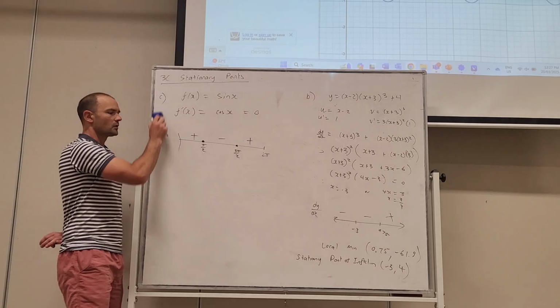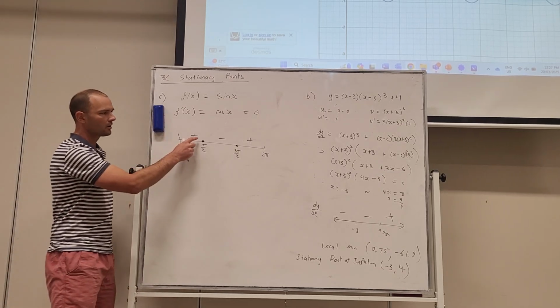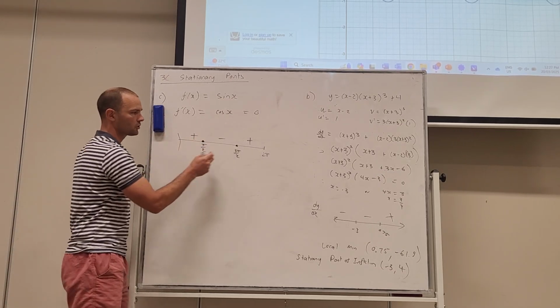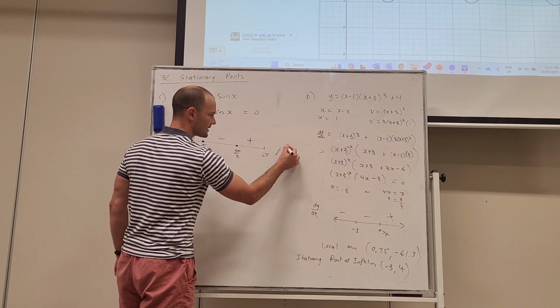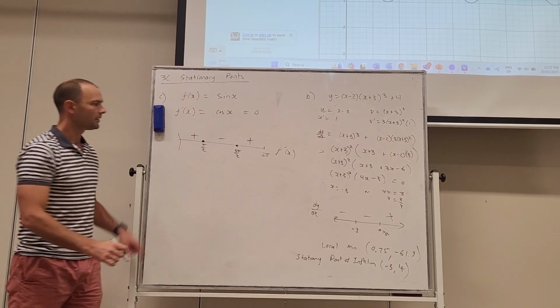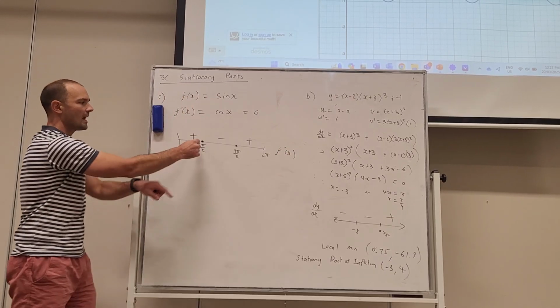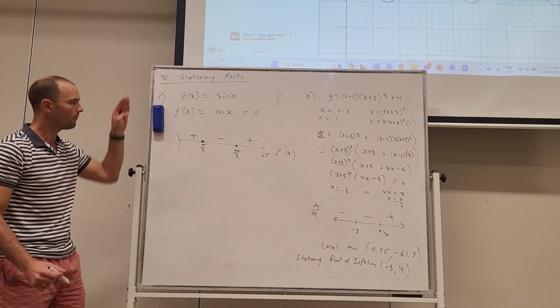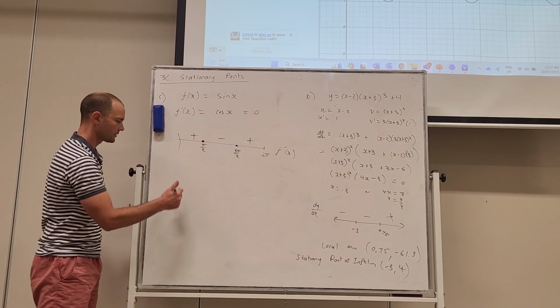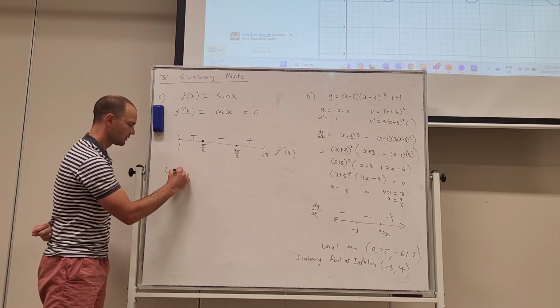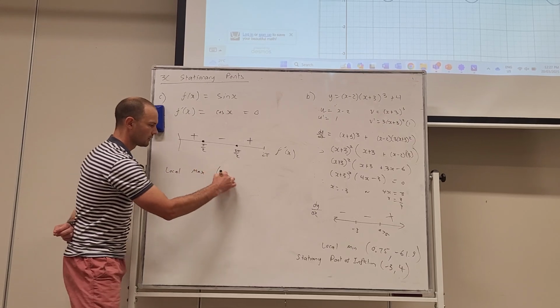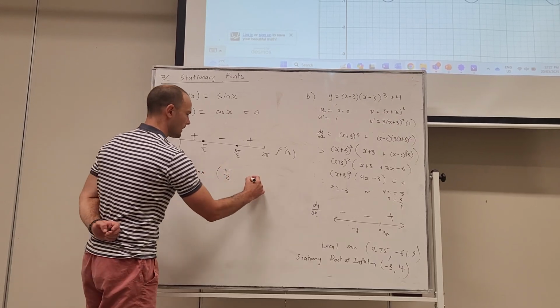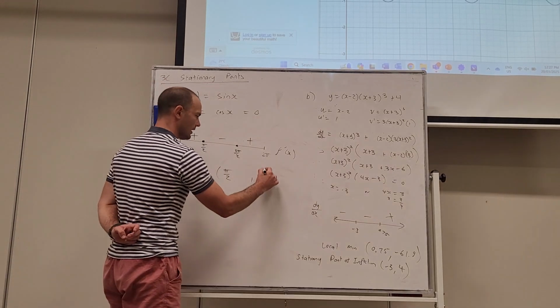Okay, so our answers are, remember we're using this derivative function, sign diagram, to make statements about the original function. The original function, sine of x, has a local max at pi on 2. I'm going to leave a big space there now.